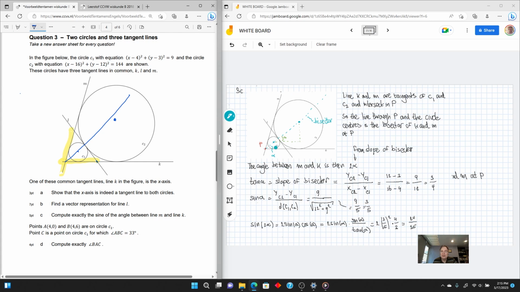Now, the angle of the bisector with K is just related to the slope of the bisector.